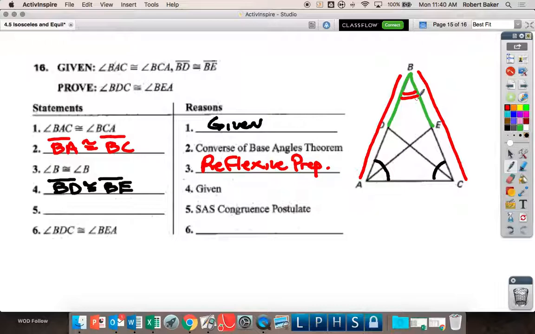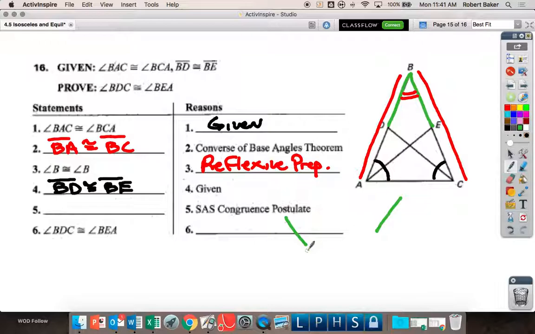Well, what would you say is congruent? Well, it says we're using the side angle side shortcut. So let me draw that for you. We have this green side is congruent to this green side.